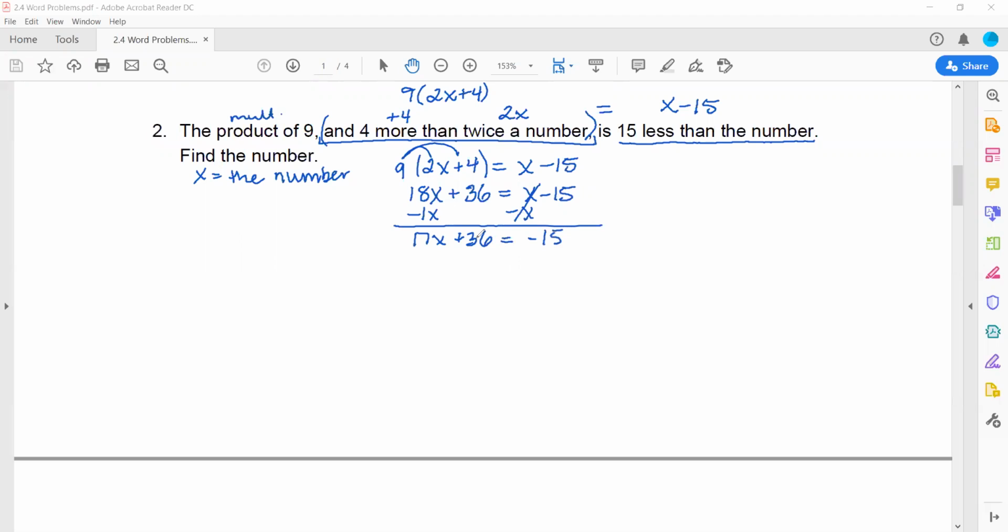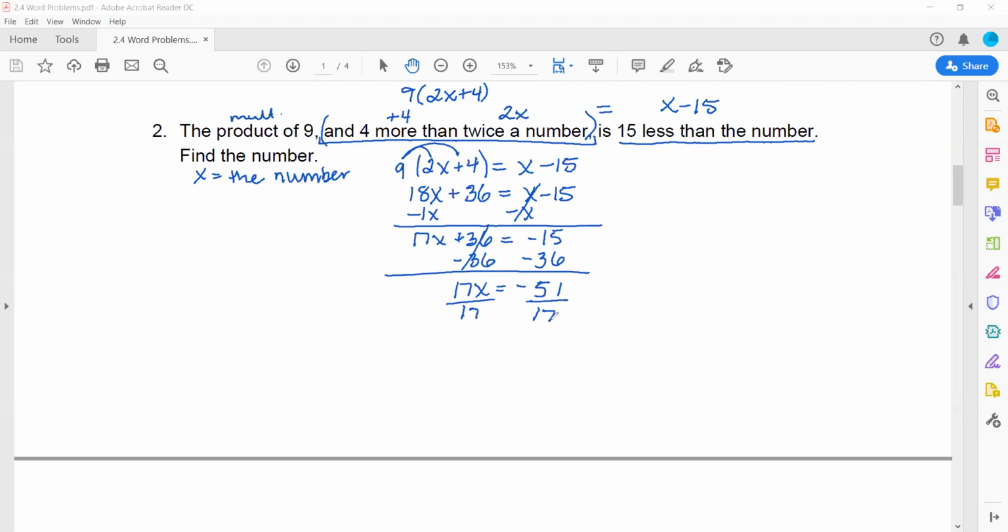Let's move this 36 over. So if we subtract 36, they're the same sign, so we want to actually add these, and it's still negative. So we get negative 51, and then divide both sides by 17.